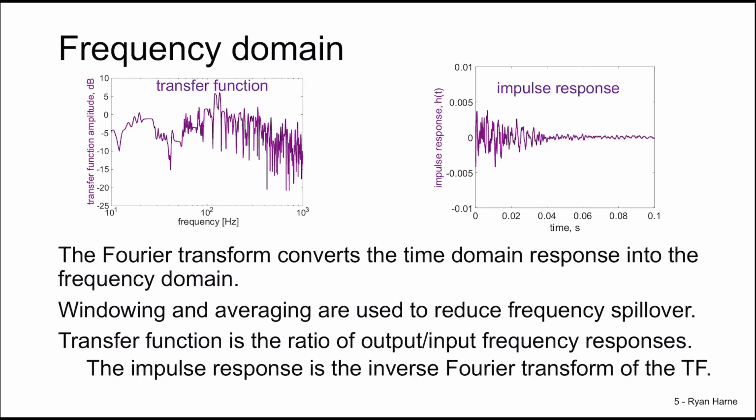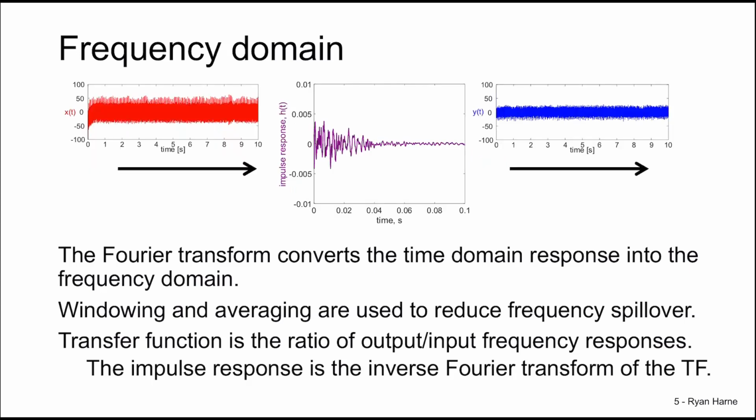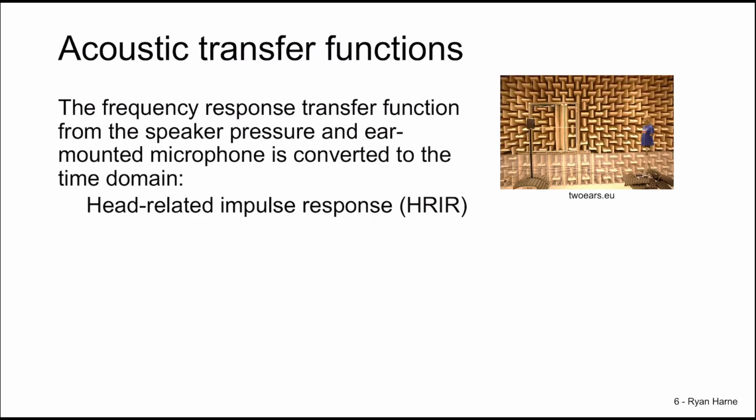Finally, taking the inverse Fourier transform gives us the impulse response of the system. In other words, with this input x on the left and the impulse response of the system h in the middle, that shows why we develop the output y through convolution.